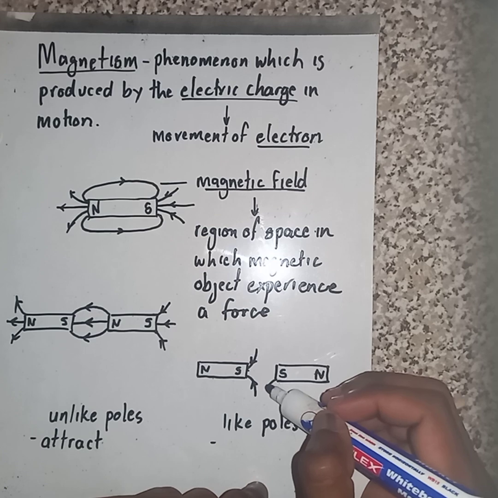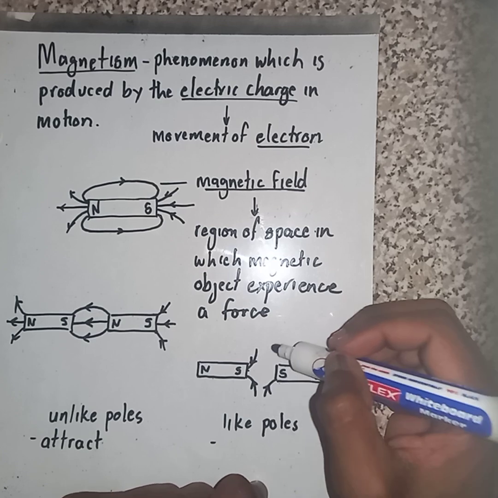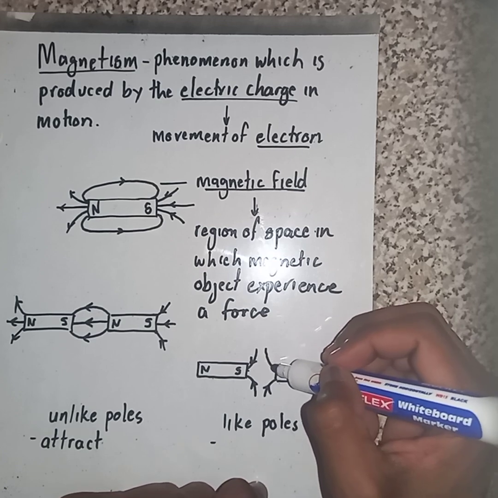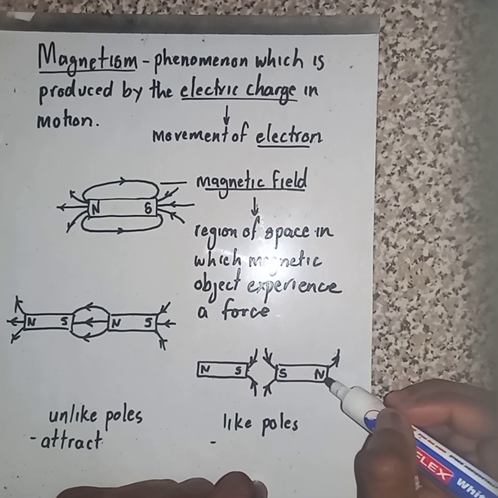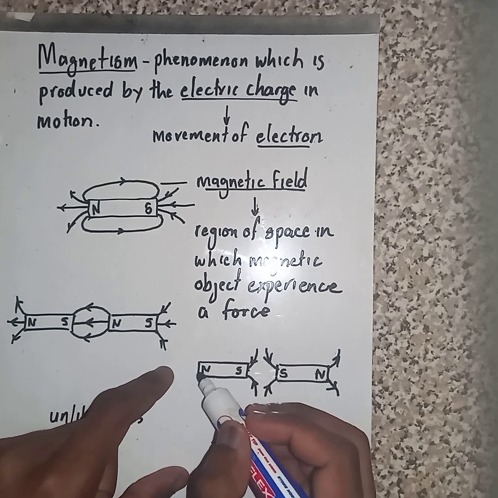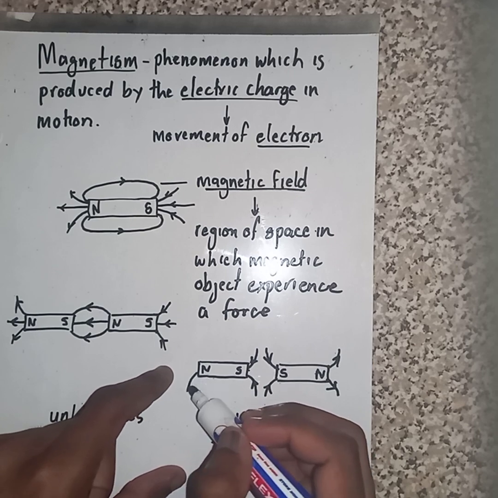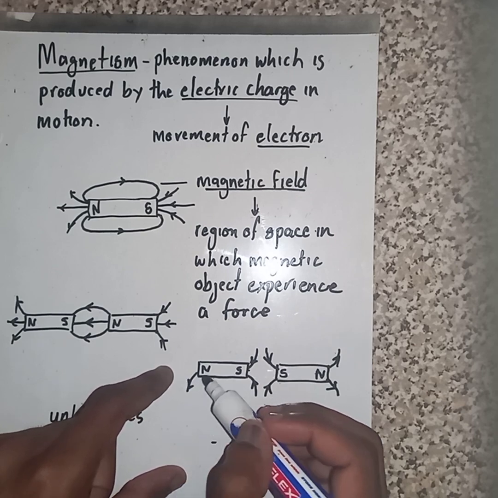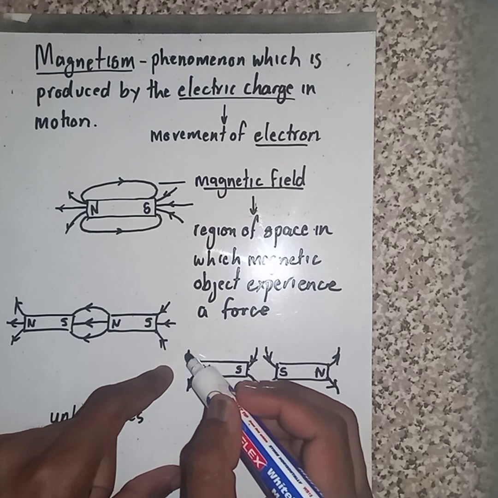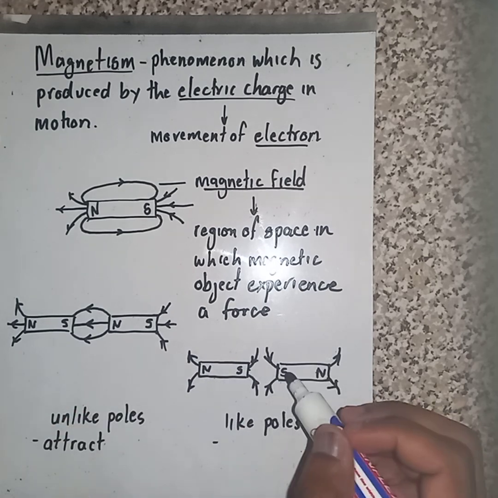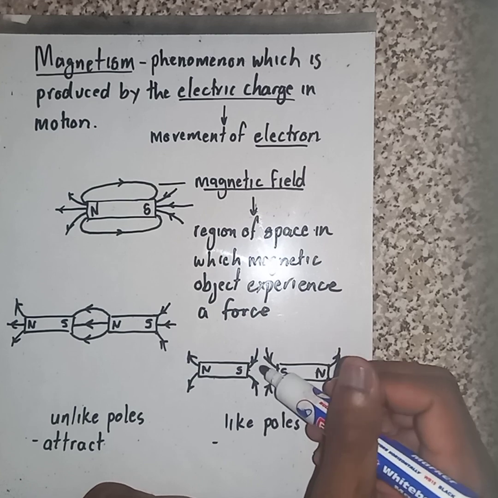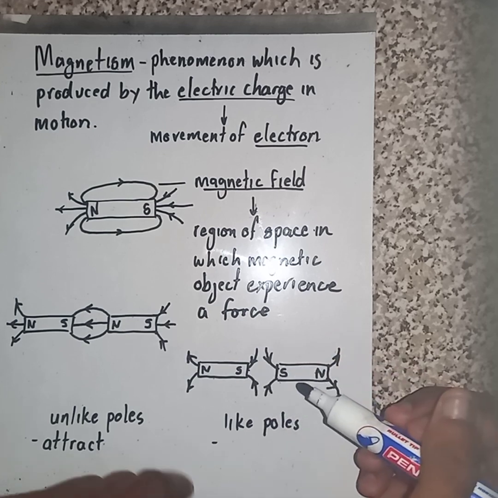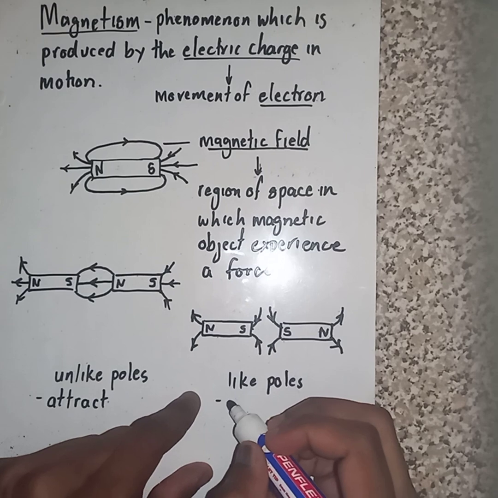Even to this one, they will move towards south, same towards south, then away from north, even this side, away from north. Eventually, what is going to happen now? These two, they are going to repel each other.